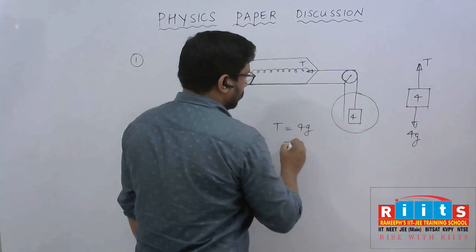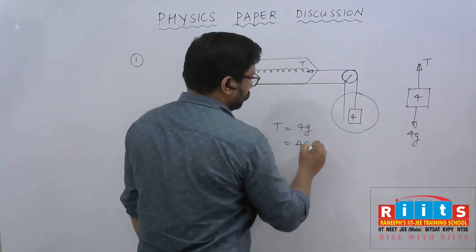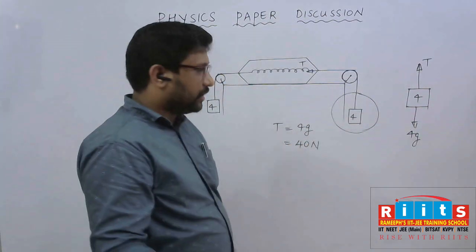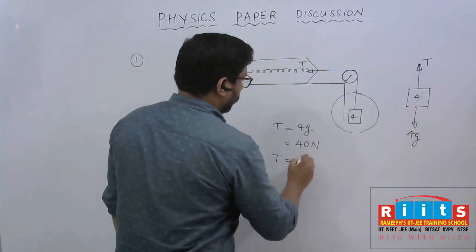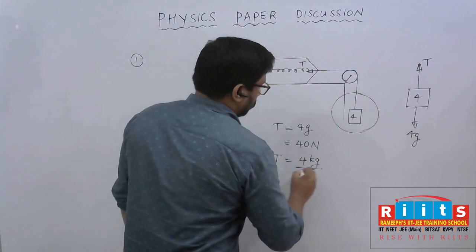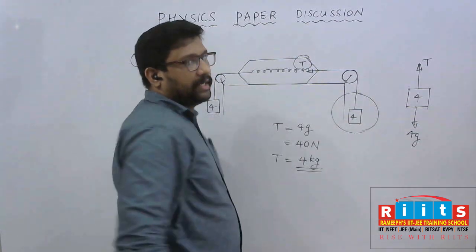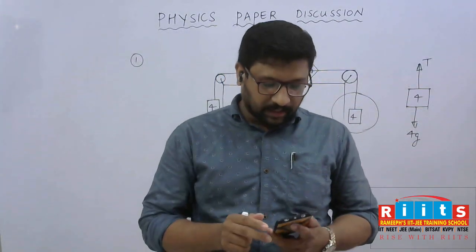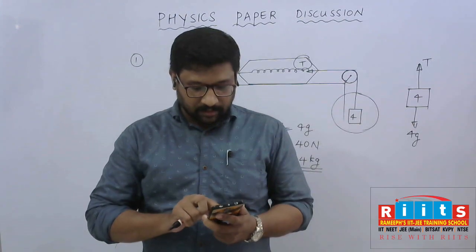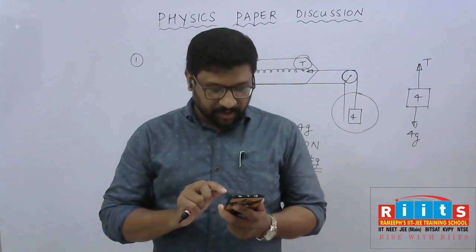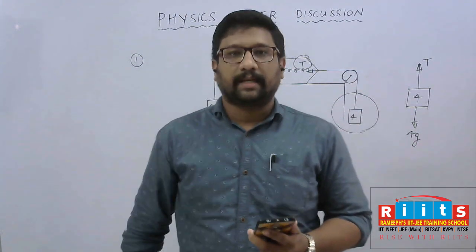So the tension is nothing but 40 Newton, or in kilogram the tension will be 4 kilogram. So the same value you are getting as the reading. Hence, option C is the correct answer.